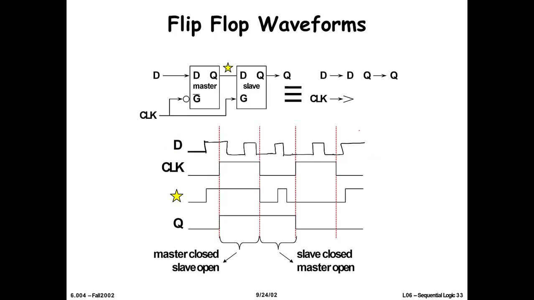Here is our clock signal, and then we have this star node, which is the node between master and slave. So it is basically the output of the master and the input of the slave.